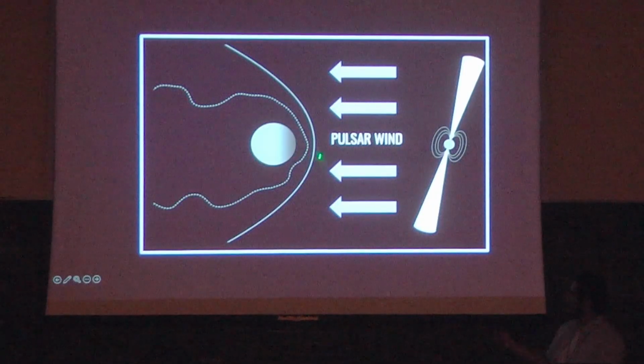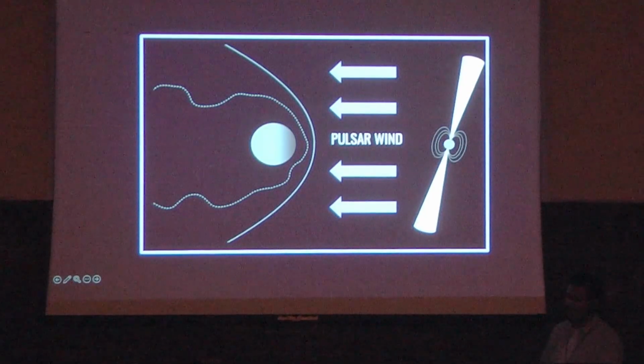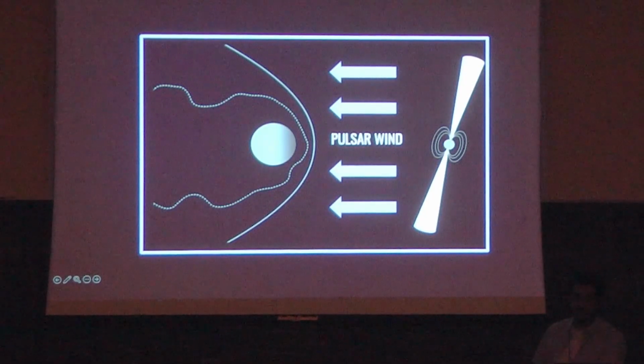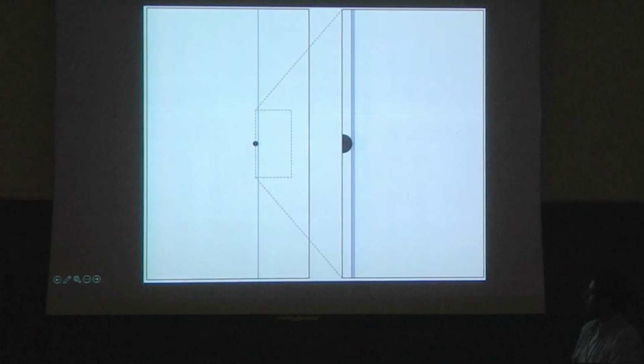So this is the setup that I was mainly focused on, modeling a companion star and how it interacts with a pulsar wind, specifically using what are known as particle-in-cell simulations. So this is a sample of one of the particle-in-cell simulations that I ran. Here I have a companion.